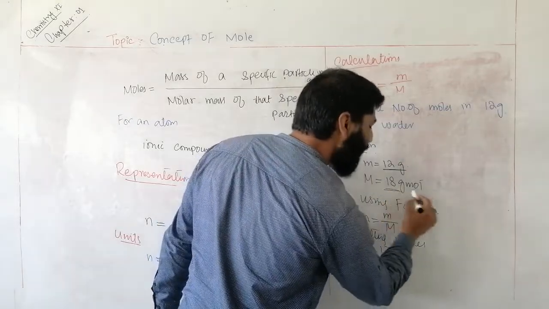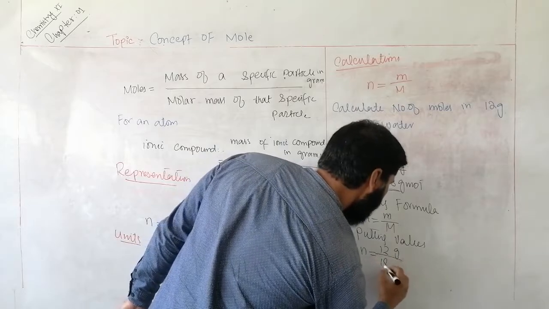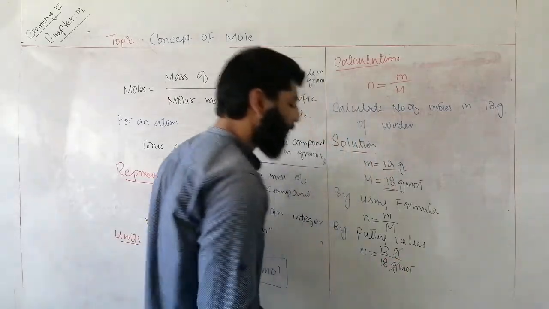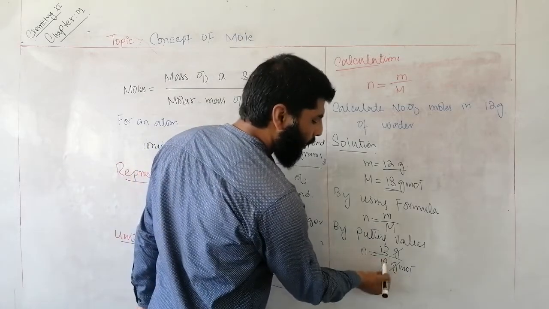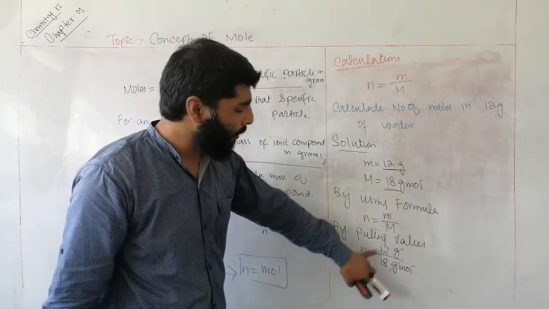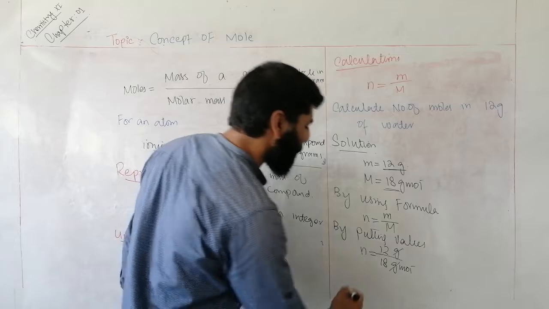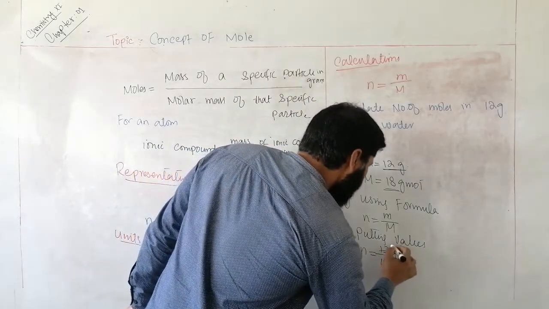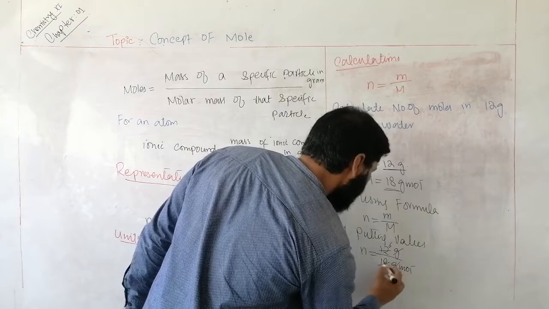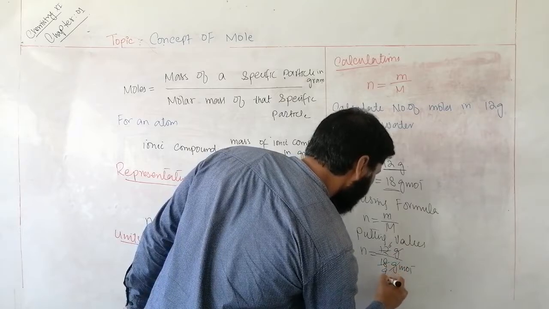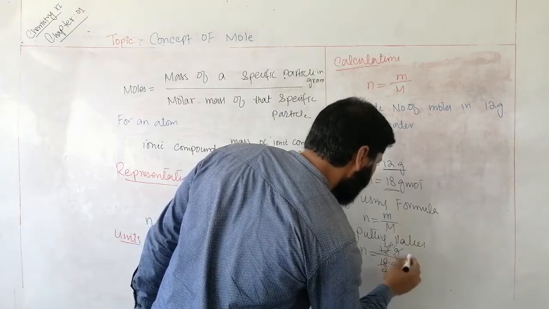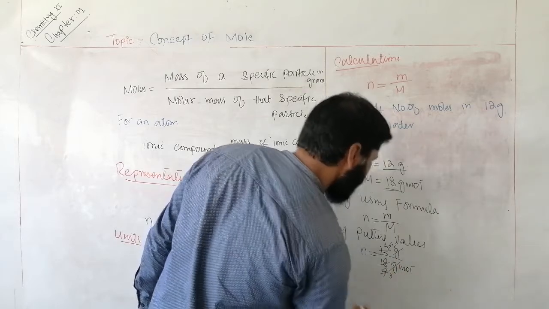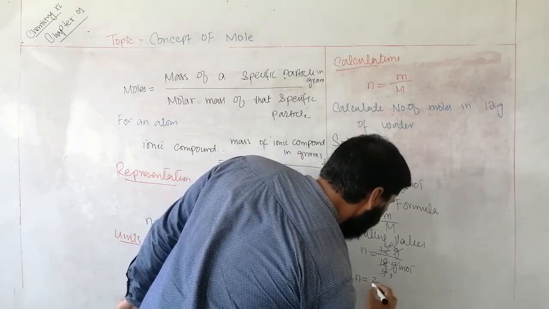And molar mass is 18 grams per mole. Now the ratio of 12 to 18 is 2 by 3.